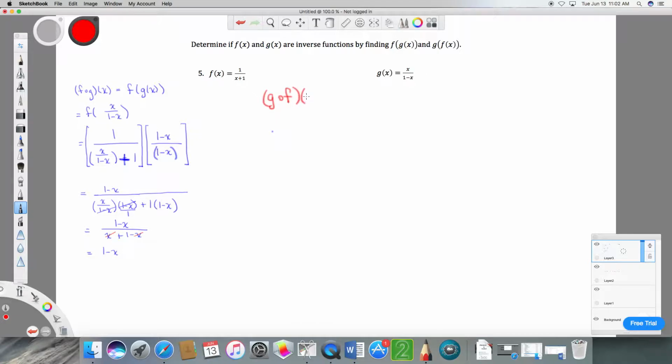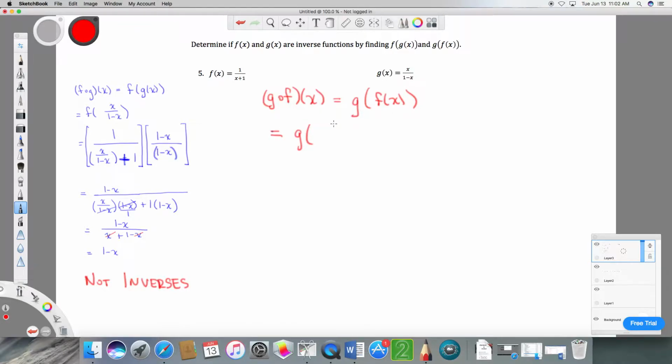Because if I've done this f composed with g right, I can immediately, right now, conclude that these are not inverses, that my final answer is no. These are not inverses. But just because I know somebody in the class may have found this one first, let's go ahead and do it. And I'm expecting this to not equal x.